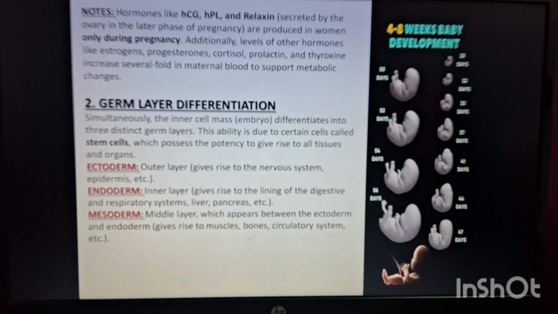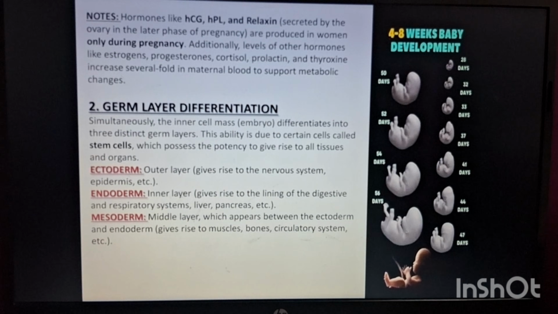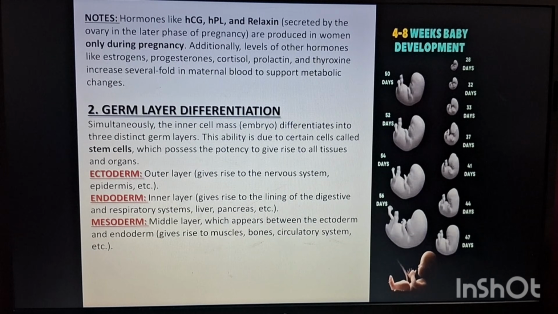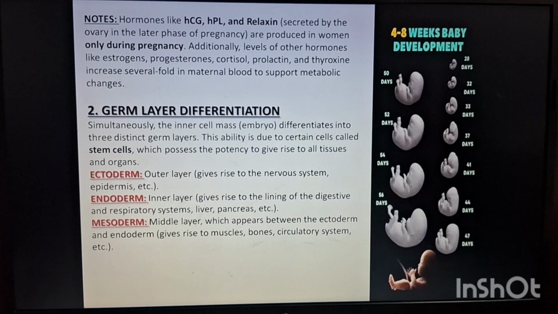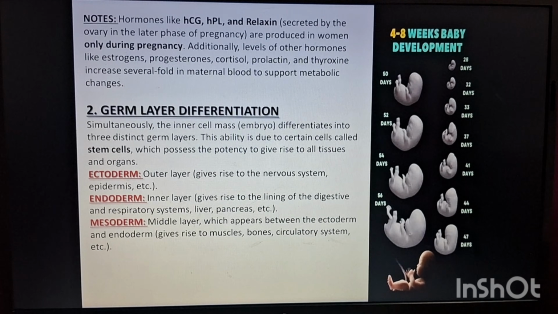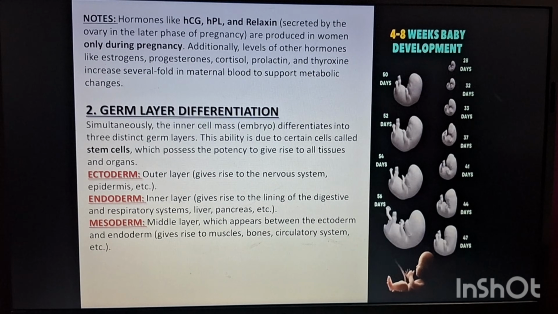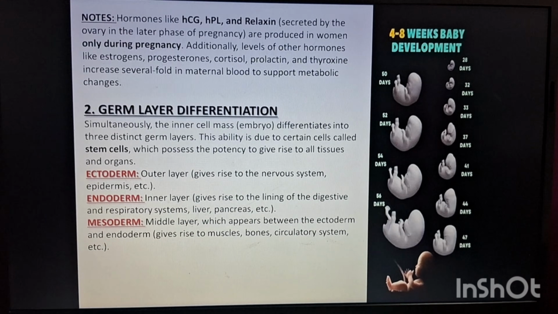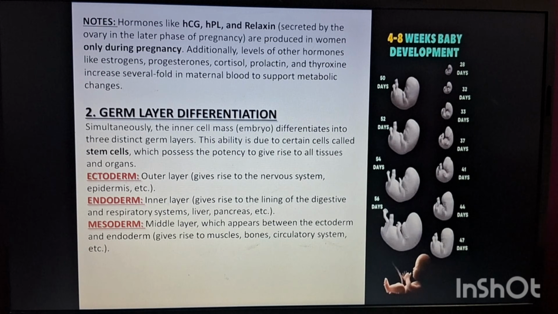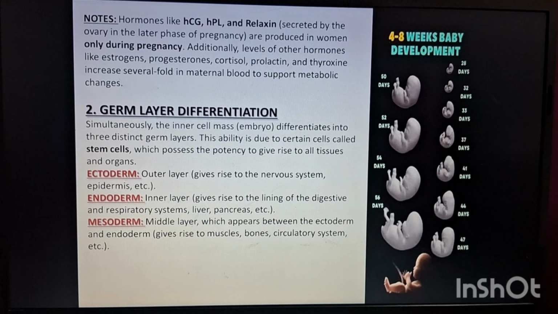Additionally, levels of other hormones like estrogen, progesterone, cortisol, prolactin and thyroxine increase several fold in maternal blood to support metabolic changes.